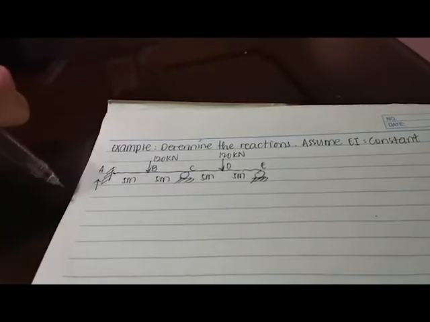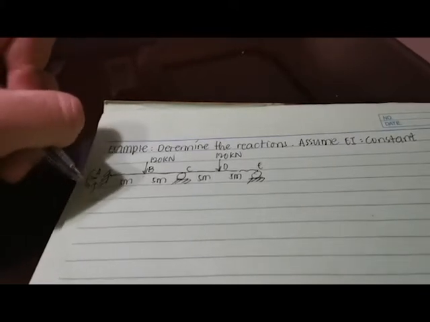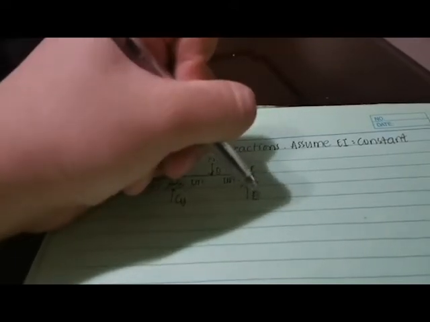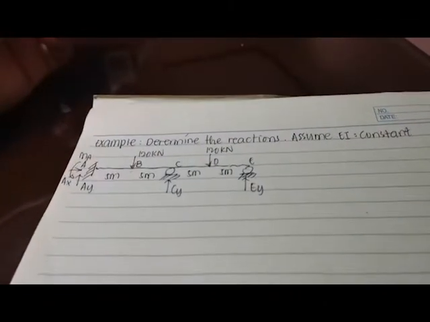Okay, so we are all aware that at point A we have three reactions. Let's say this is your AY, AX, and then your moment at A. And then we have at point C, your CY, and your EY at point E. Okay, so therefore, we should determine the degree of static indeterminacy.